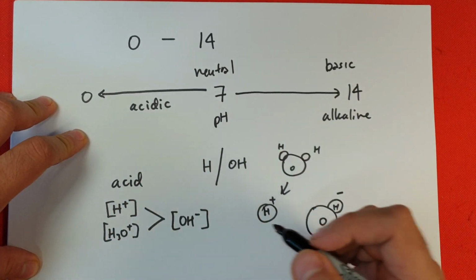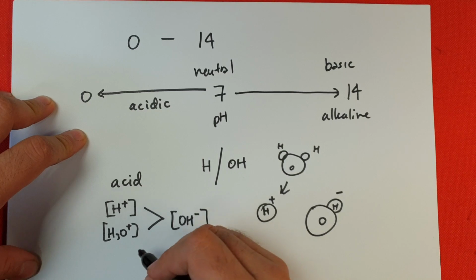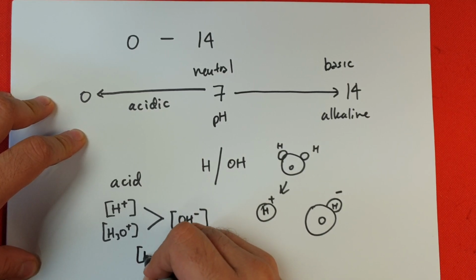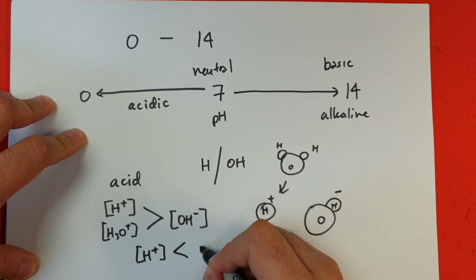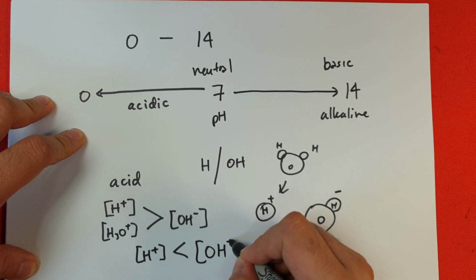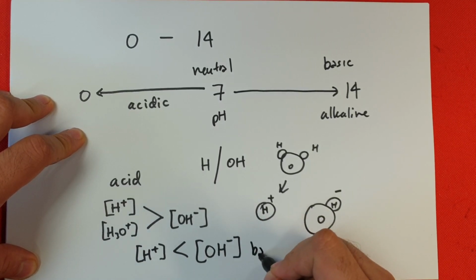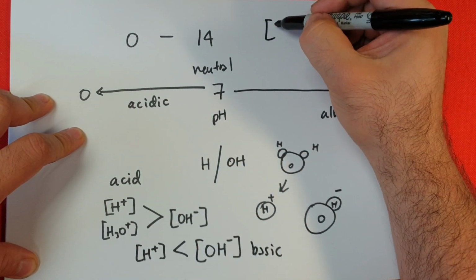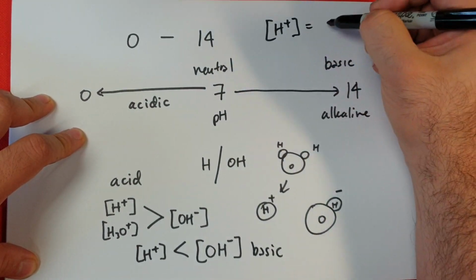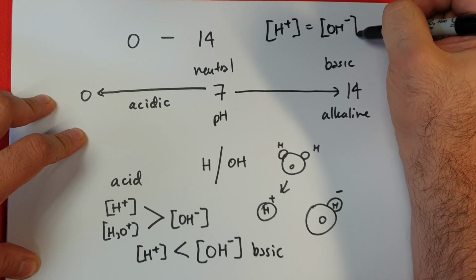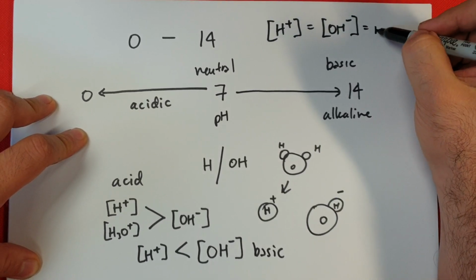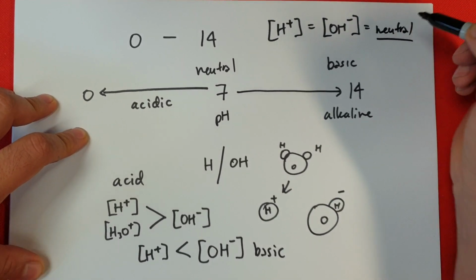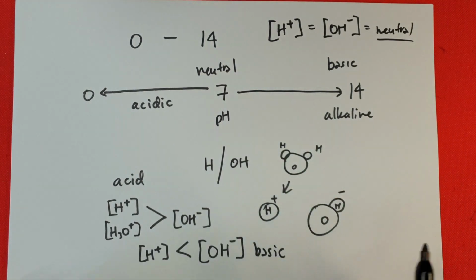On the other hand, if it happens the other way around and the hydrogen concentration is lower than the OH concentration, we have a basic medium or a basic solution. Once again repeating, if the H concentration is equal to the OH concentration, we have a neutral solution, or we have water, basically. That's what we're talking about.